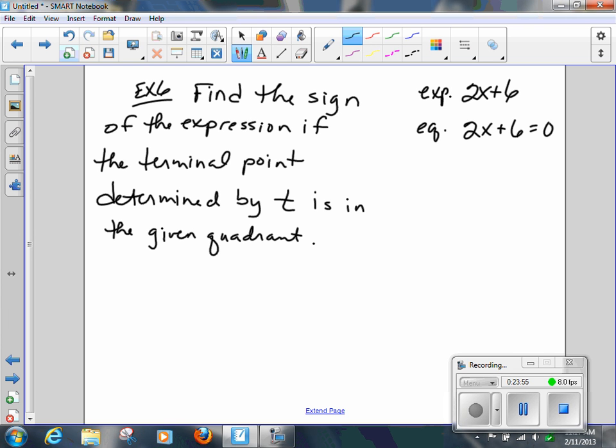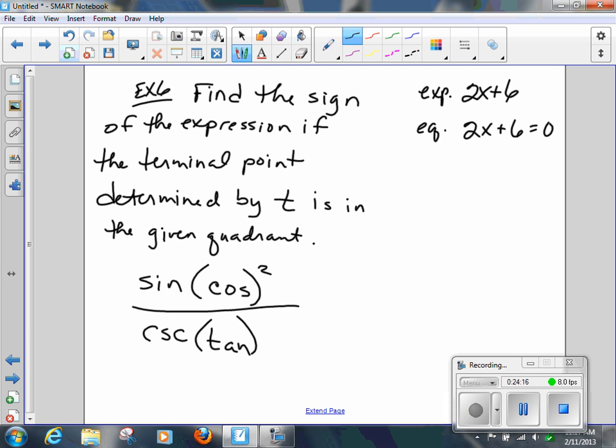Here's your expression: sine times cosine squared over cosecant times tangent times secant.